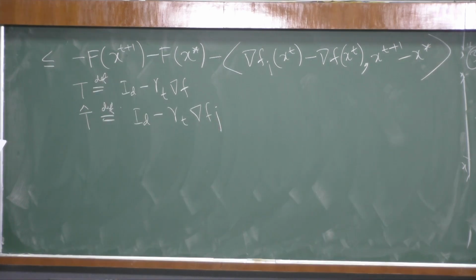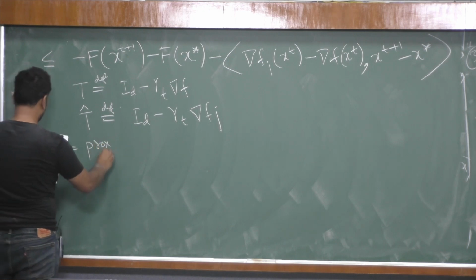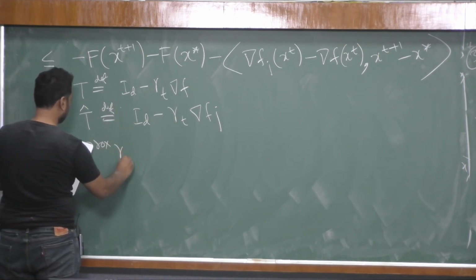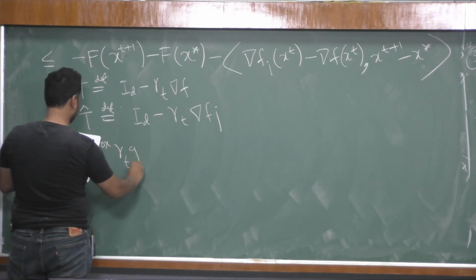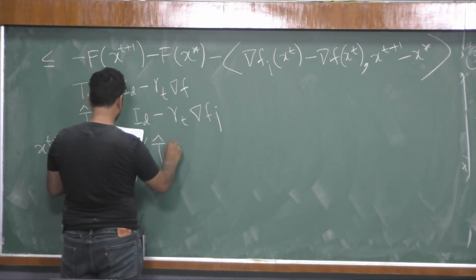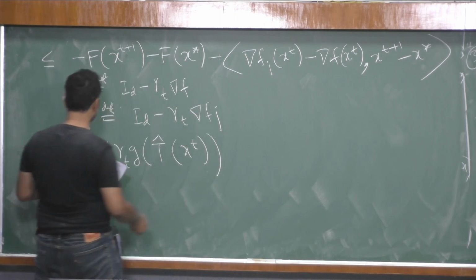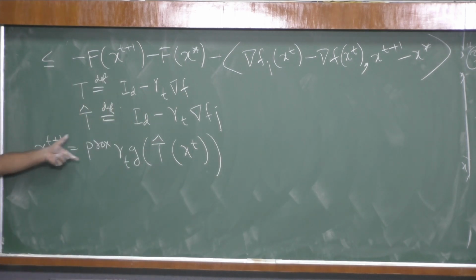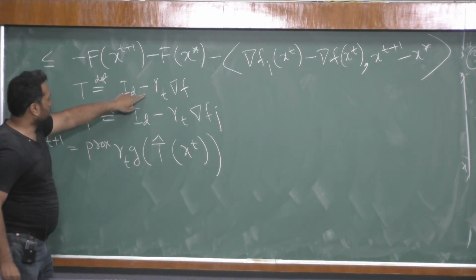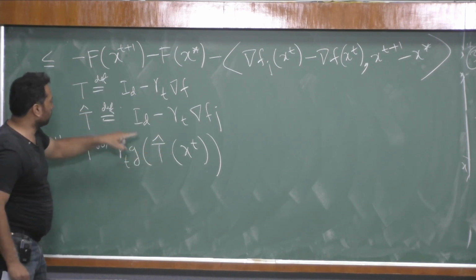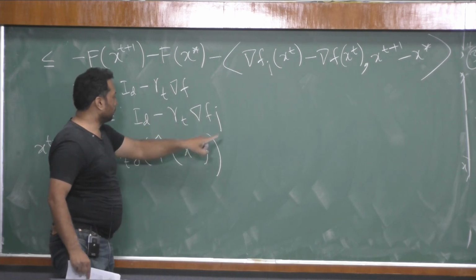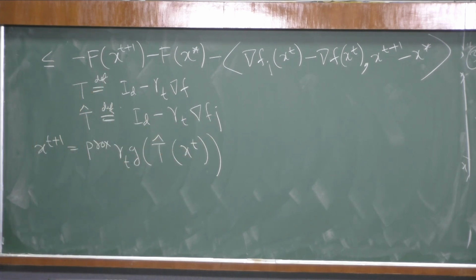Note in particular that xt plus 1 is the proximal of gamma t g applied to T hat of xt. In place of this, if I apply the operator T hat to xt, then it will indeed be xt minus gamma t grad f j xt. So in this notation it's okay.